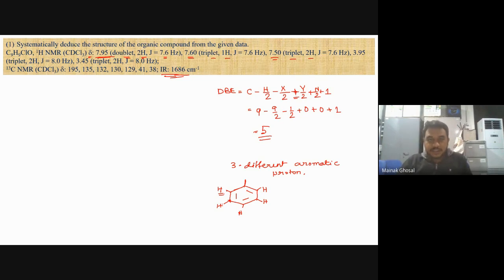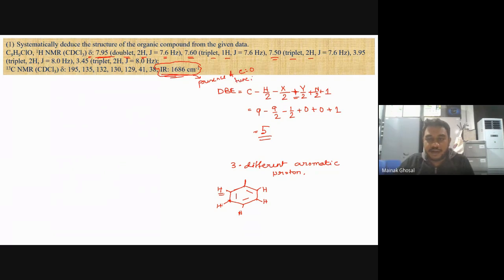Now you see from the IR data what I was asking you to look at. The IR data is 1686 cm inverse. This will be discussed in a later module, when Professor Shankar Raman discusses IR, where you will see that 1690 or 1686 cm inverse corresponds to the presence of a carbonyl function.